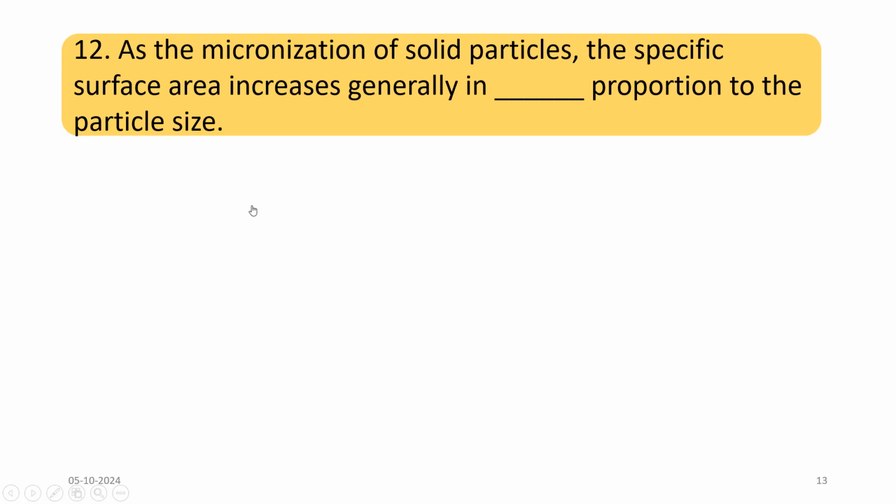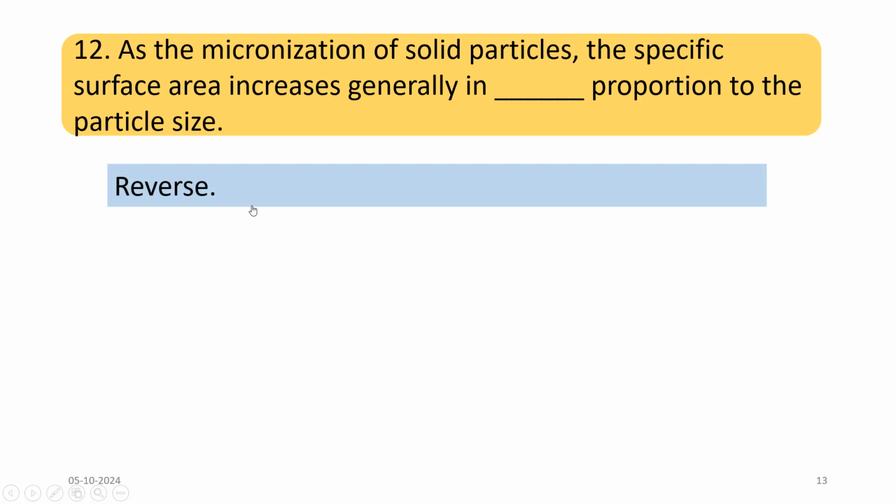That means as the micronization of solid particles, the big material getting chopped and producing small nanoparticles or solid particles. The specific surface area increases generally in reverse because specific surface area expression is S equals 6 by rho L. Rho L is the particle size, so it is oppositely proportional.